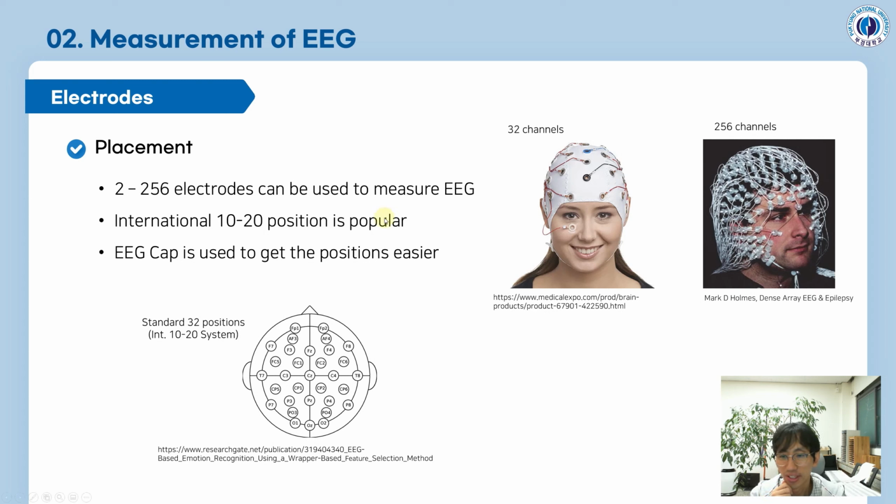Okay, this is pretty easy, and these positions are named the international 10-20 system. There are names for each electrode: prefrontal, frontal, and these are frontal areas, and yes, there are occipital areas as well.